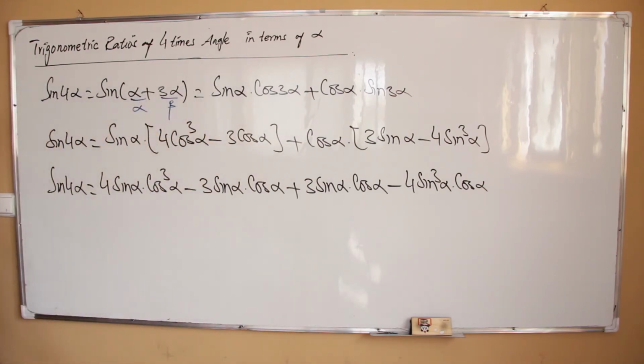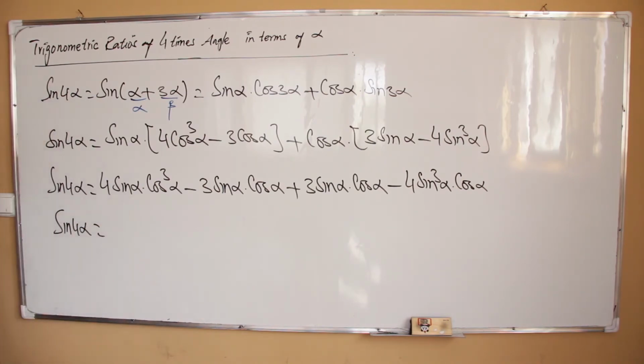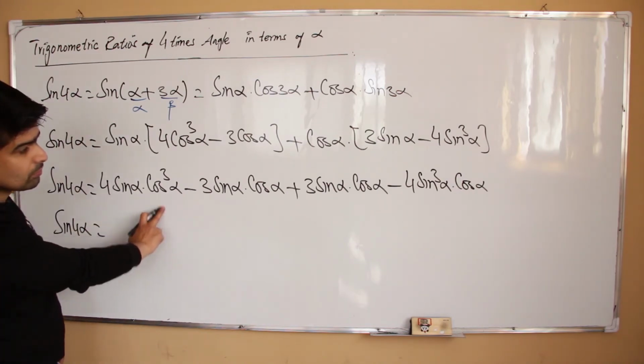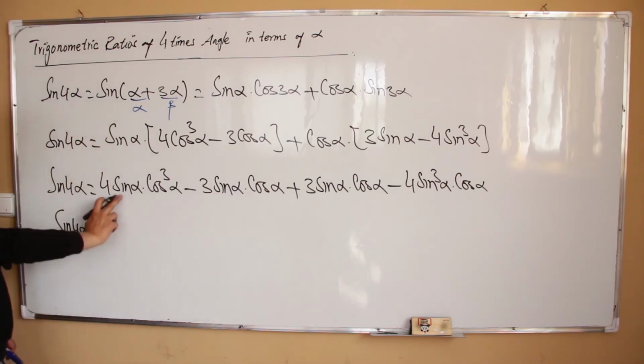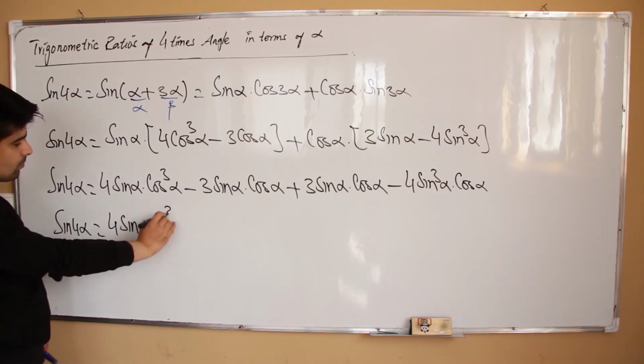Now what do you think? Sine of 4 alpha, put this one. Now this one, put this one also. 4 sine square minus whatever this one is. Whatever this one is, put this one. 4 sine alpha cosine cube. We don't have any like term like this one. Okay, 4 sine alpha cosine cube.